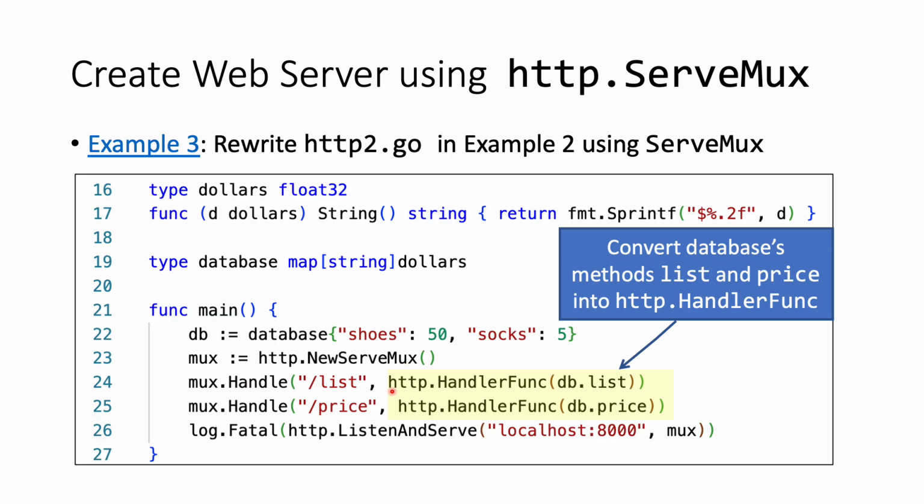Then we call the Handle method of ServeMux on the created instance to associate different URLs with the corresponding handler functions, which are defined in the methods list and price of the database type. Then we use the ServeMux instance as the handler in the call to ListenAndServe.